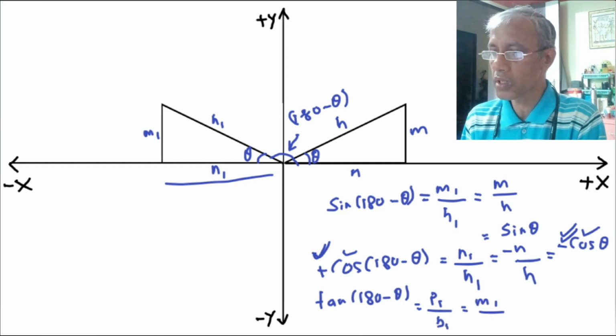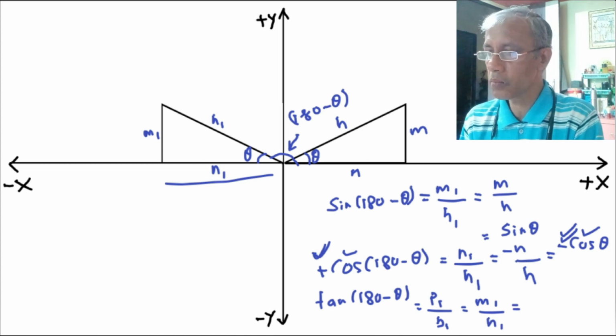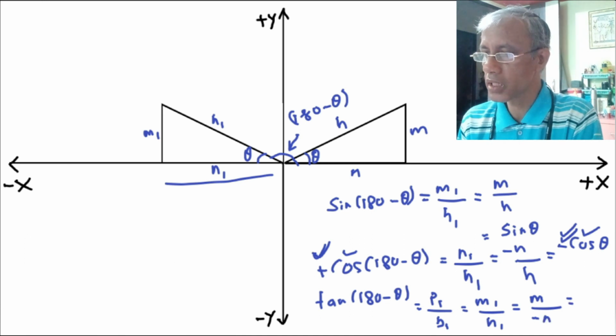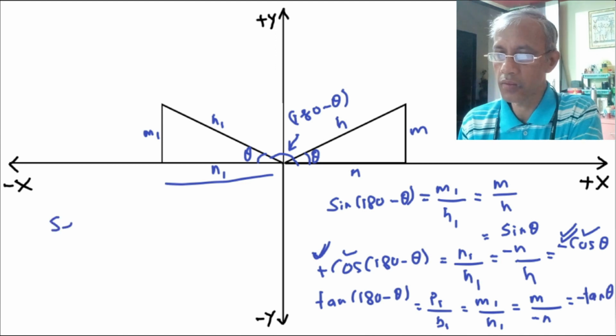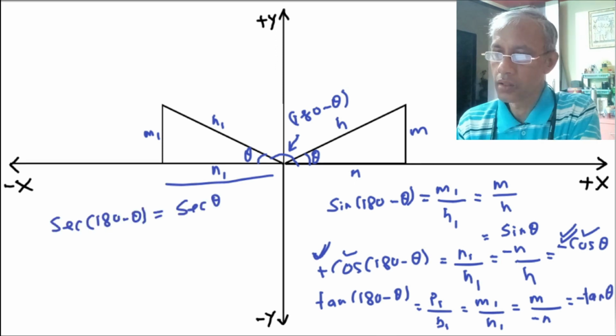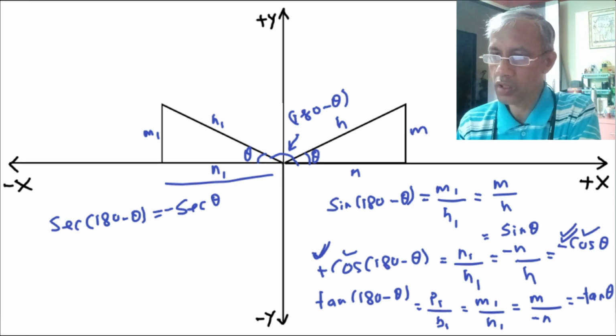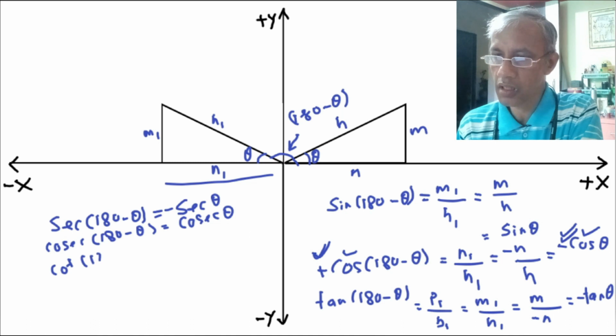M1 by N1 will be equal to plus M, and N1 being on the negative side is now proportional to the negative of N. So that is why it is equal to negative of tan theta. The value of sec of 180 minus theta will be the negative of sec theta. Cosec of 180 minus theta will obviously be equal to the same cosec function, and the cot of 180 minus theta would be equal to negative of cot theta.